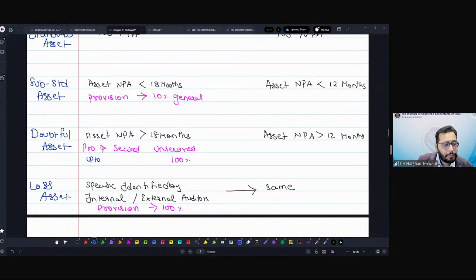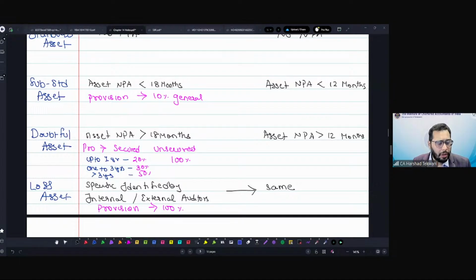Up to 1 year, the provision is 20%. For 1 to 3 years, your provision requirement is 30%. And beyond 3 years, more than 3 years, your provision requirement goes to 50%.